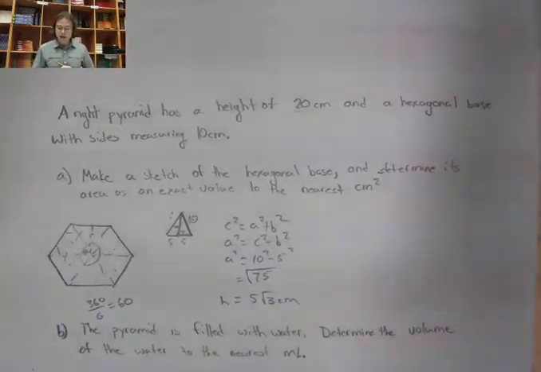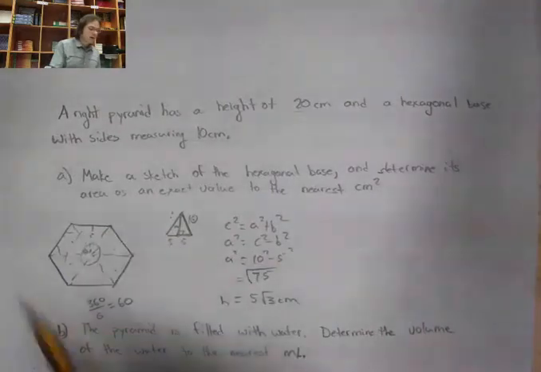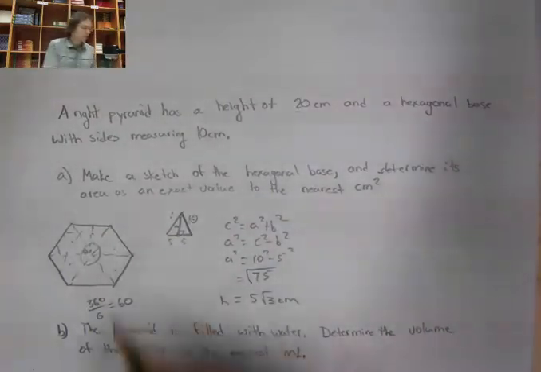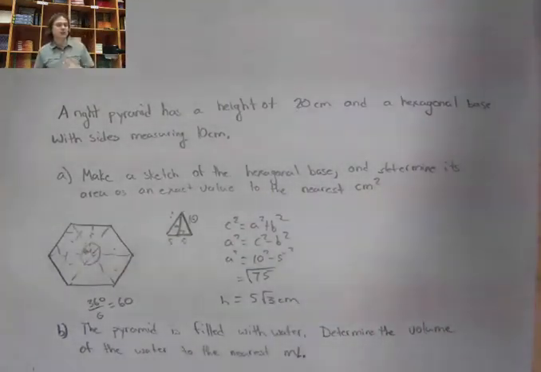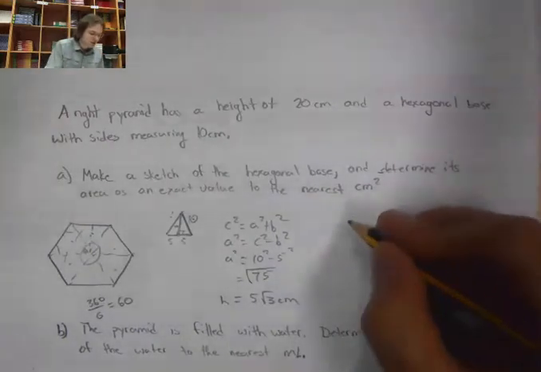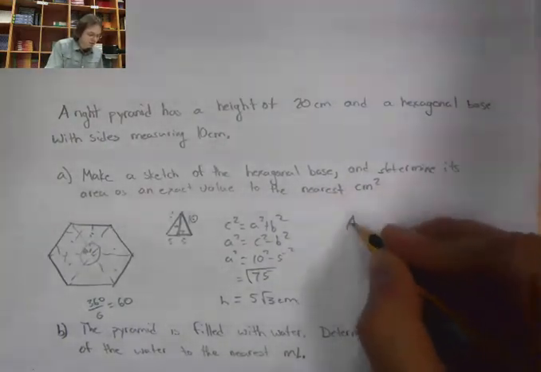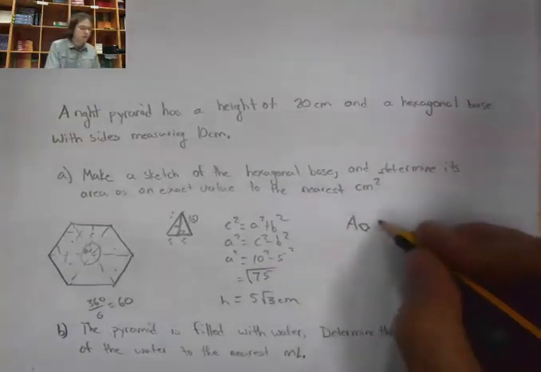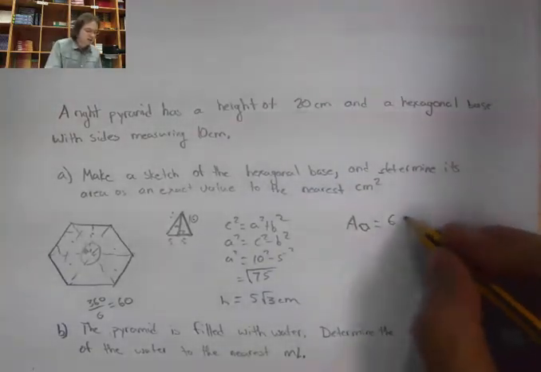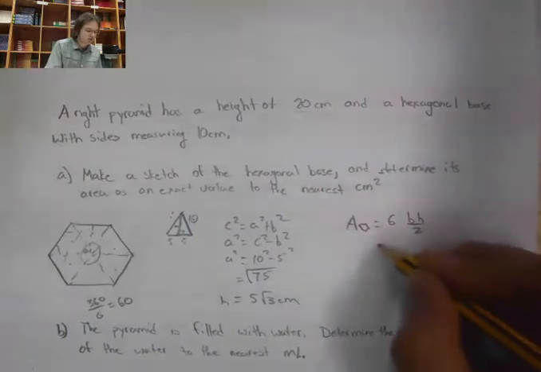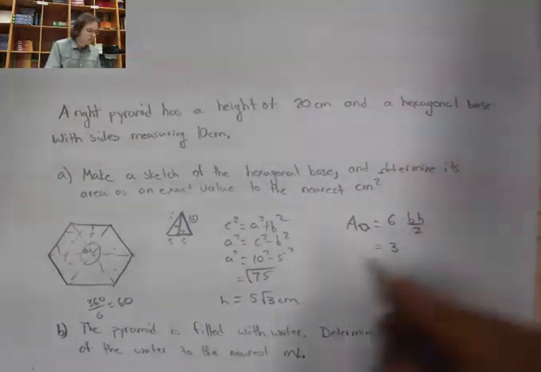Now that I know that, I could find the area of one triangle, or the area of, and there's 6 triangles, so I have to multiply that by 6. So my area of a hexagon, just make a little hexagon shape there, is equal to 6 multiplied by base times height divided by 2. So it's 3 multiplied by base times height.